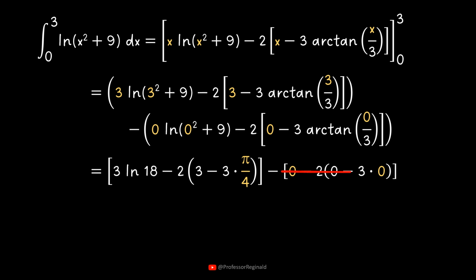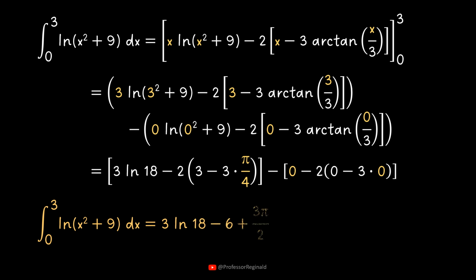All terms in the second group become 0. Hence, the integral of the natural logarithm of quantity x squared plus 9 dx, from 0 to 3, is equal to 3 times the natural logarithm of 18 minus 6 plus 3 pi over 2.